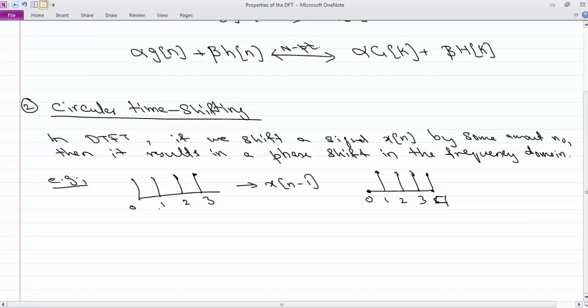So circular time shift corresponds to the mod operation that we had learned.